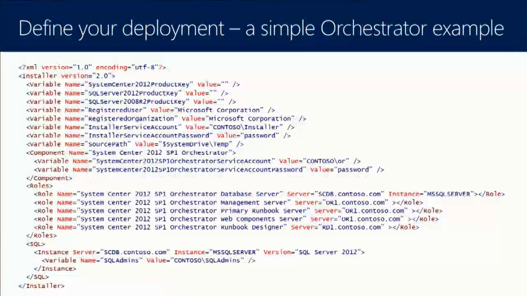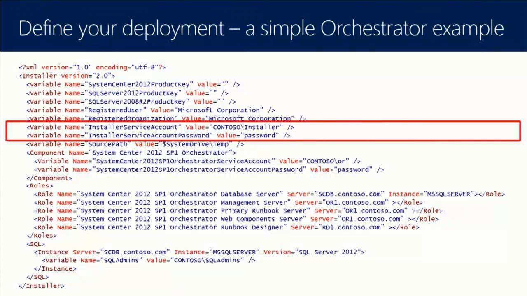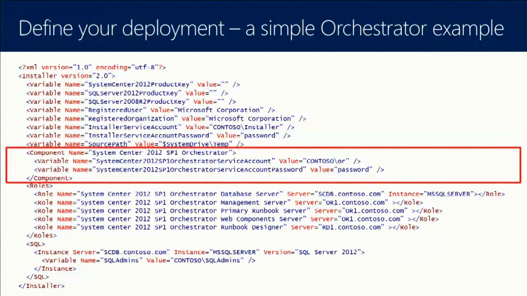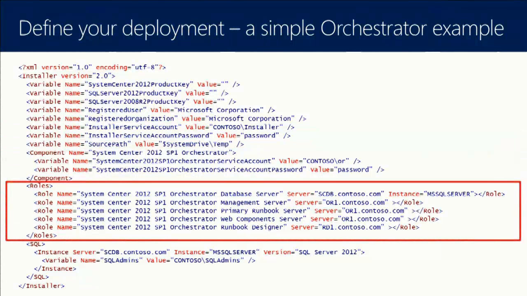So here's just a really simple example. And this is something that would install just Orchestrator. So you can see here I've specified the service account and password I'm going to use to actually do the installation. I've said which service account and password I'm going to use actually for Orchestrator in the component section, which servers I'm going to install on, and this is a 3-server deployment.